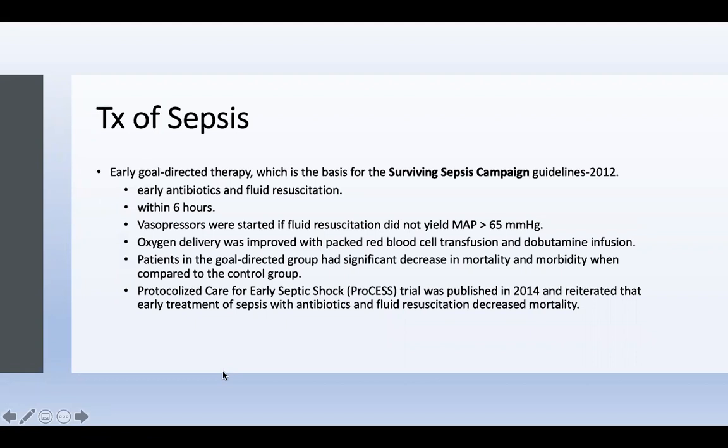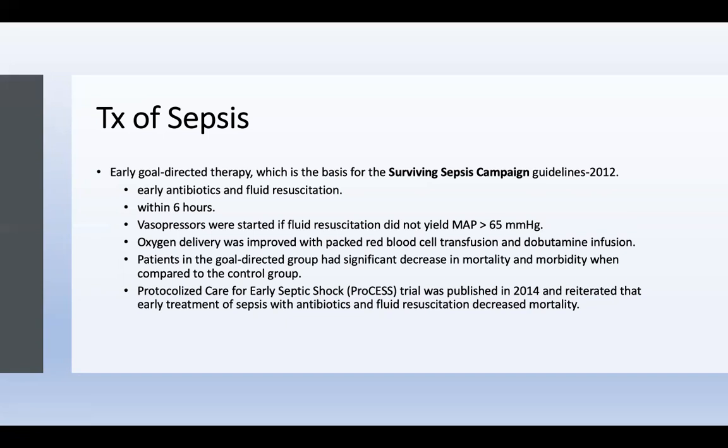So treatment of sepsis, and I'm sure you've heard of the Surviving Sepsis campaign at this point, and guidelines that have been put out a number of different years. The most recent version we have now is from 2012.